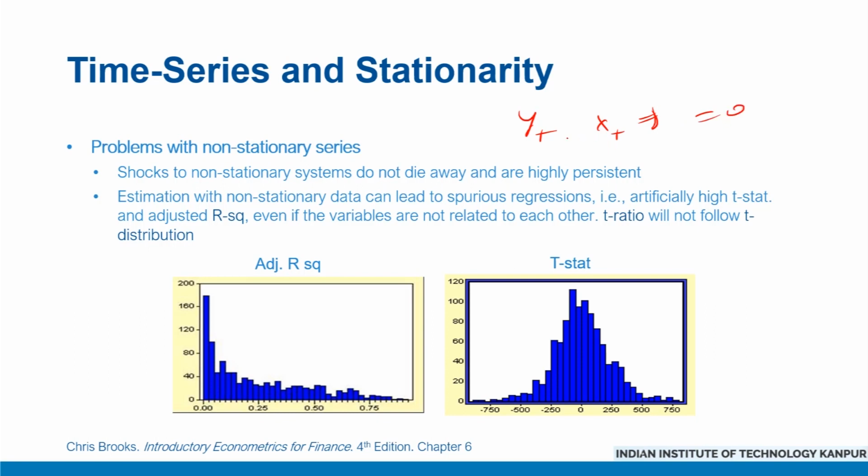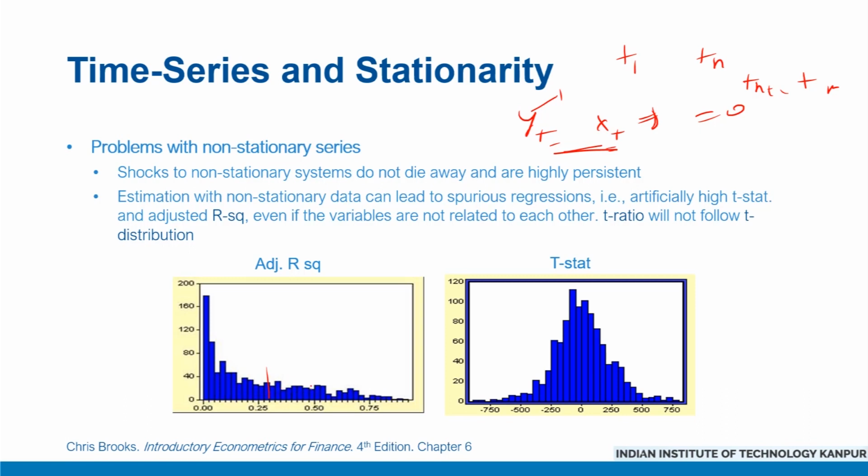However, when you run the regression of yt and xt, even though they are random, if they are non-stationary and you sample certain time periods for this process, let's say t1 to tn or tn plus 1 to tm, and plot the t statistic or adjusted R square, which is a measure of the statistical strength of this relationship, you'll find a rather high value of adjusted R square. Ideally, it should have been very small, maybe even 0. But when you sample these processes maybe 1000 times or 500 times and plot them, this kind of adjusted R square measure will appear.